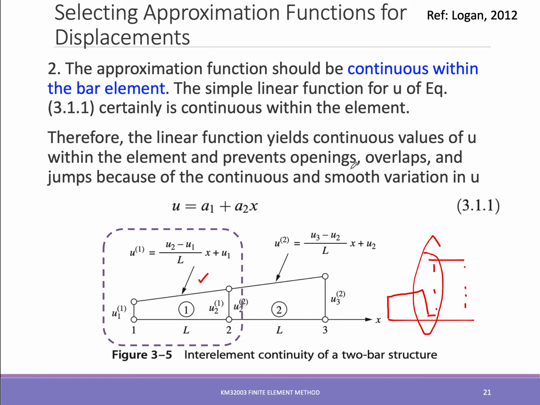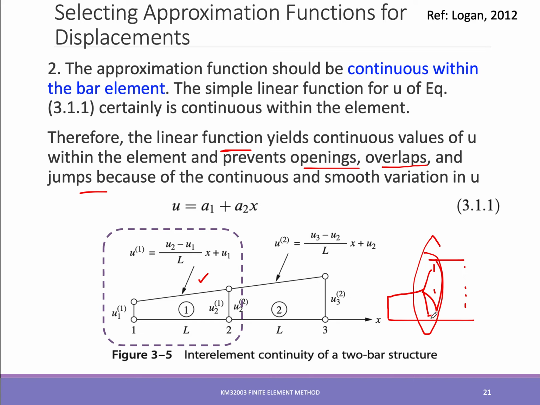All right, so next, or maybe why we need this displacement function, is that we want to prevent opening, overlapping, or jump in the displacement. Like this is a direct jump down and jump up, right? Or maybe discontinuities or opening between them, right? So we don't want to have this kind of thing.